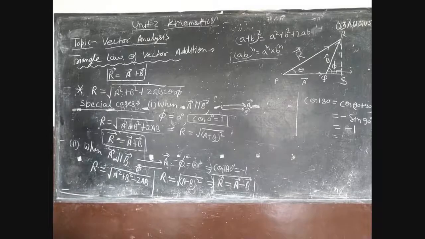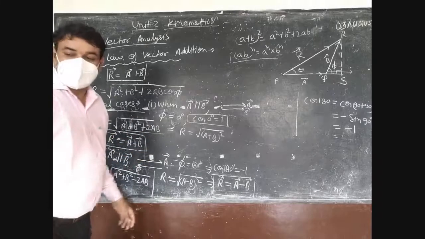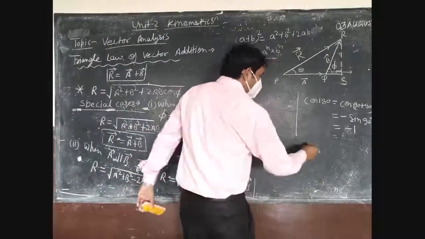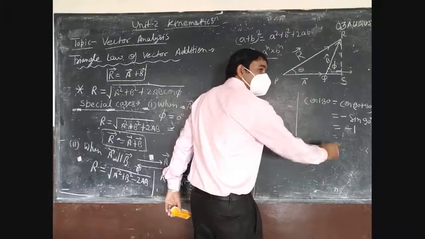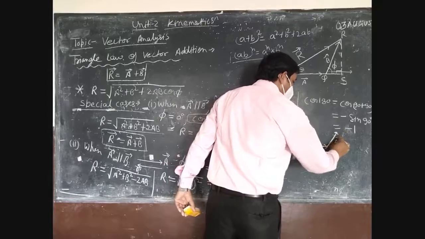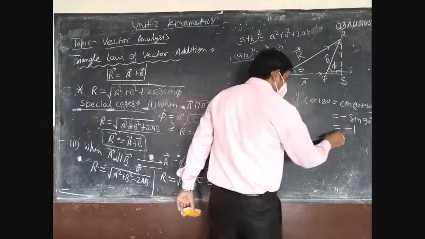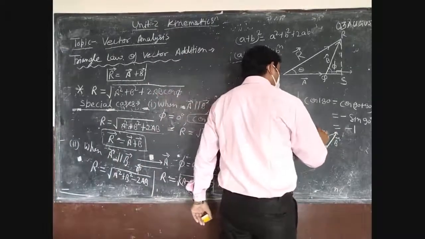I will just tell you how it comes. Just see. Suppose vector A is acting in this direction, vector B is acting in this direction, and when you join this, you will get the result R equal to A plus B.